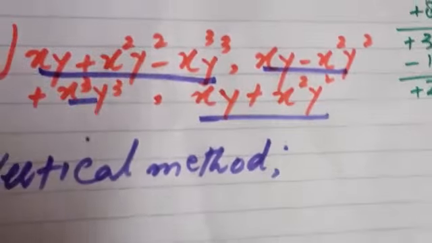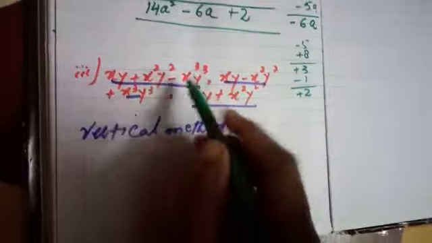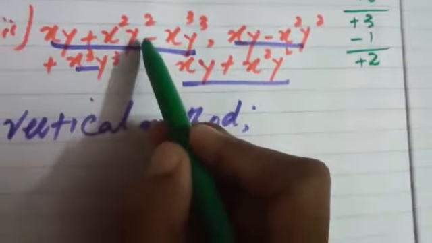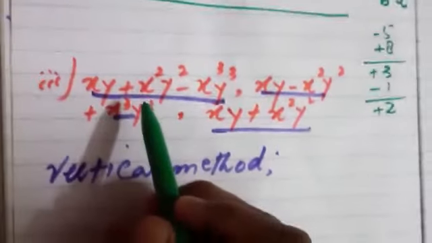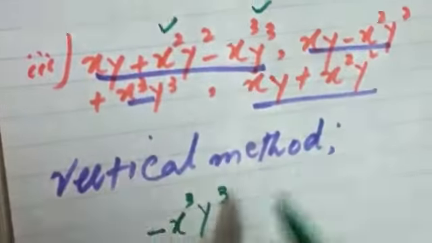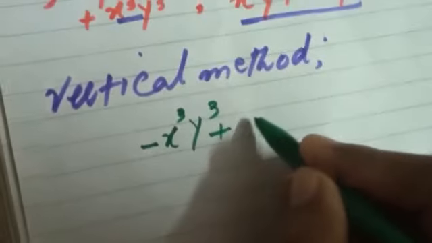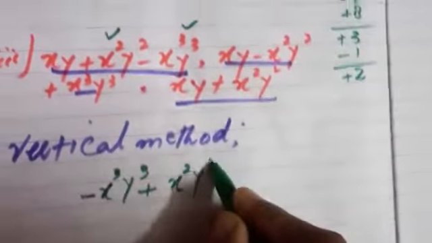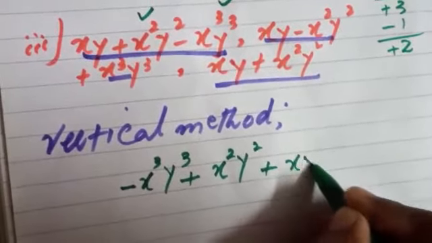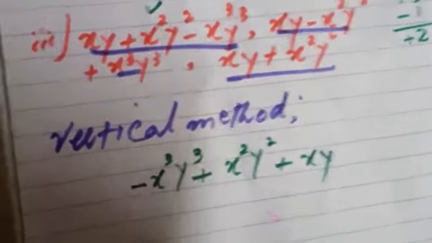Okay, first of all I am going to write power 3 x cube y cube, x square y square, and xy. We arrange it ourselves: first x cube y cube minus, then power 2 x square y square, and the third is power 1, xy.